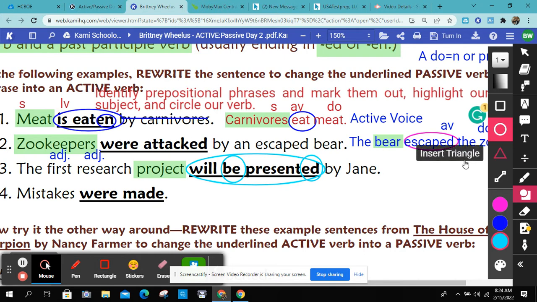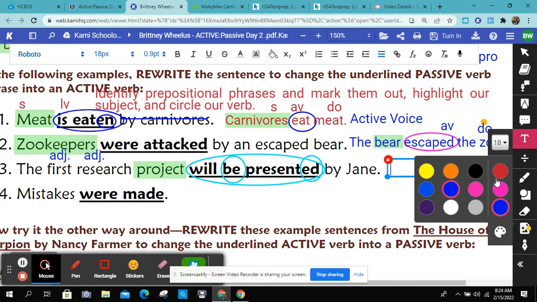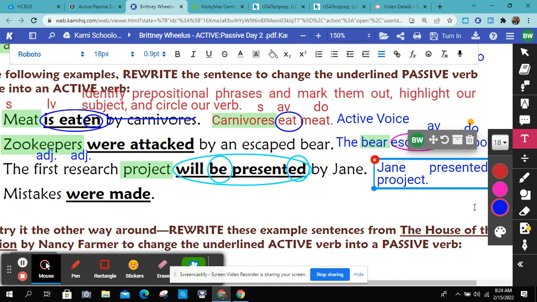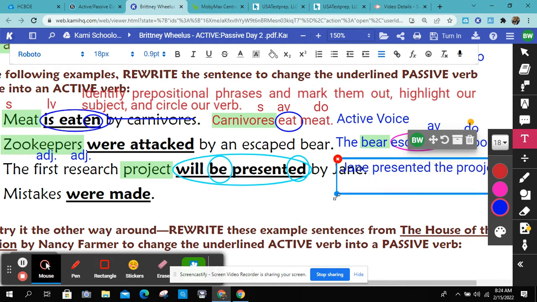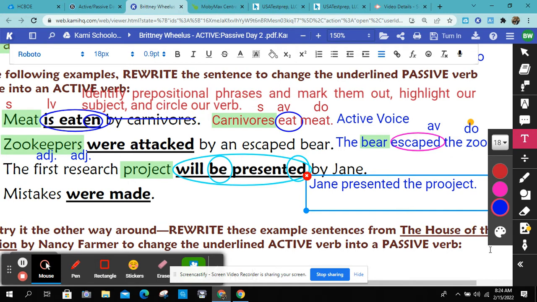Jane was presenting her or his project. Or how about just Jane presented the project? All right, Jane presented the project.